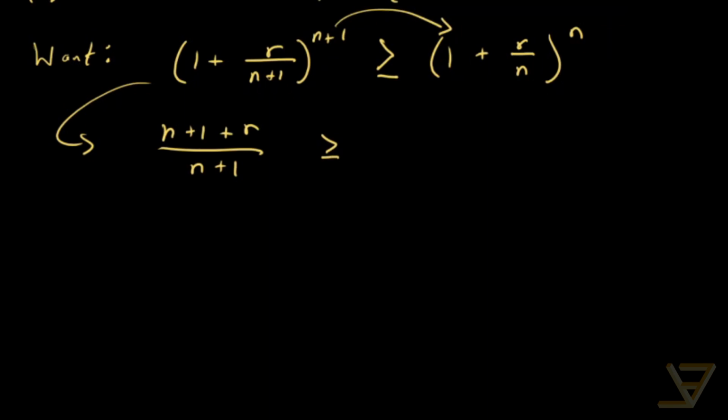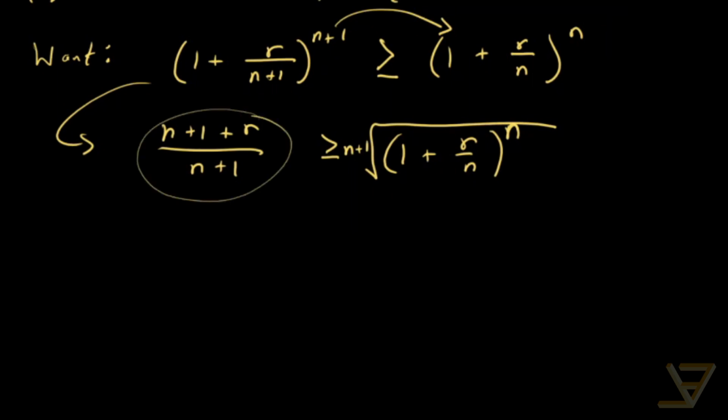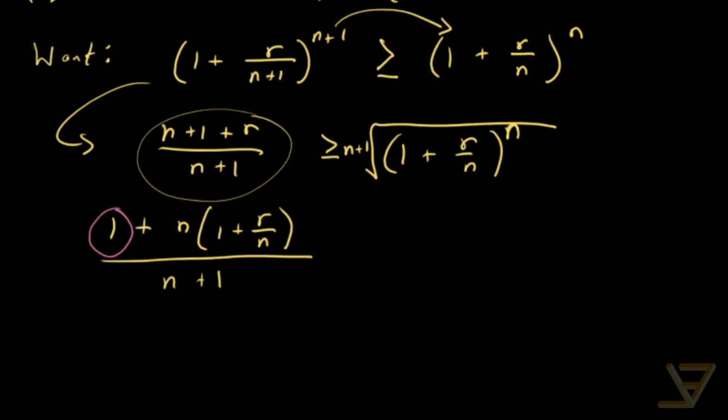So we get 1 plus r over n to the power of n, and we're taking the n plus 1th root, and then we're going to rewrite this again in a different form. We're going to write it as 1 plus n times 1 plus r over n, all over n plus 1. So you see we have a sum of 1 and n of these divided by n plus 1.